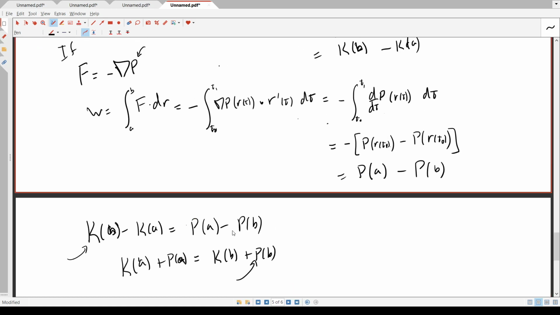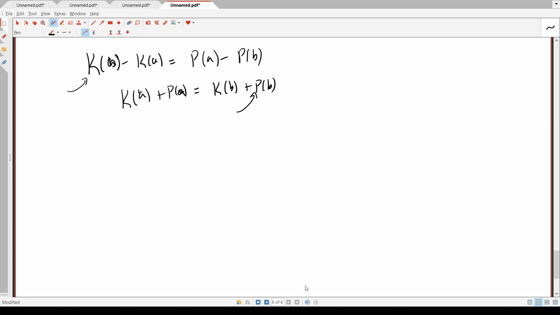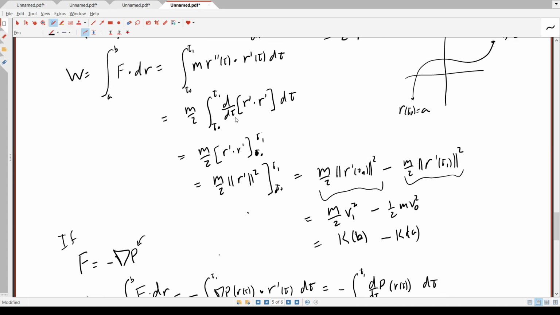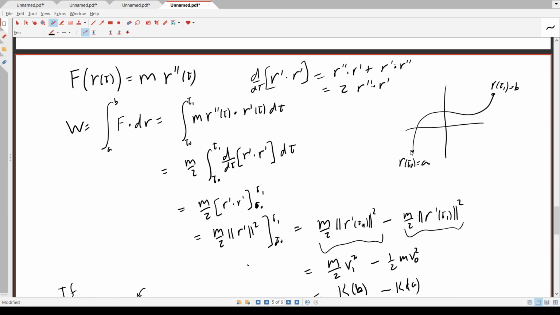Another interesting illustration of this is that because this is a line integral, and because we're dealing with a conservative field, it doesn't matter what path you take if you want to figure out this work done. The work done by this field is going to be the same no matter what path you take.